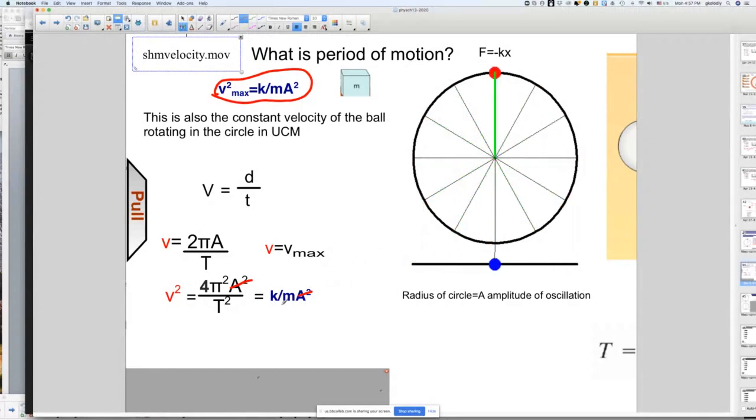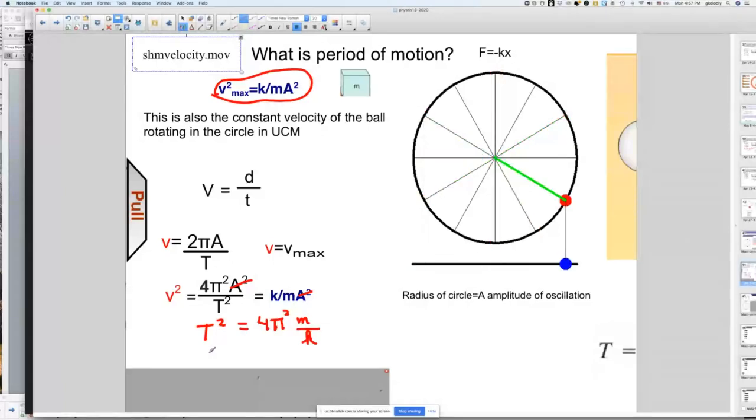Okay, so T squared is equal to 4 pi squared times m over k.